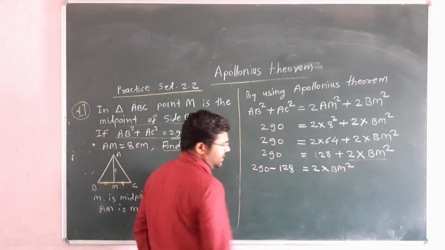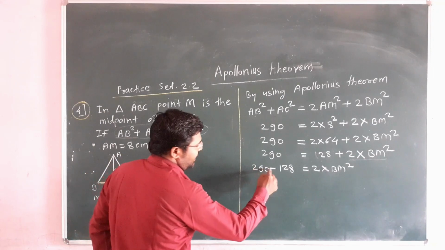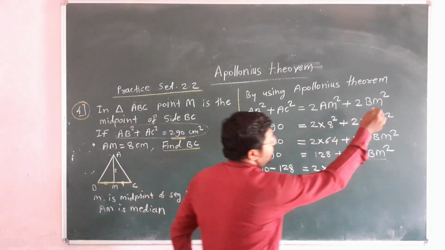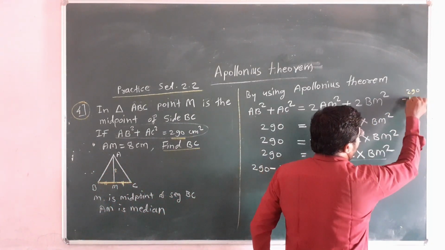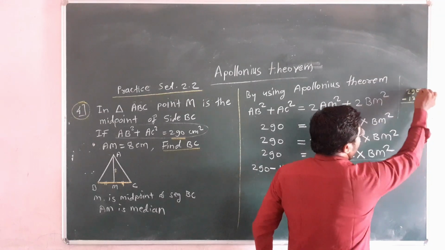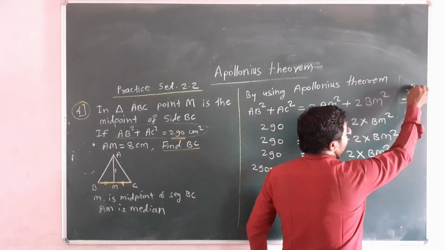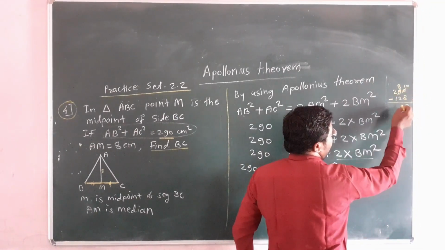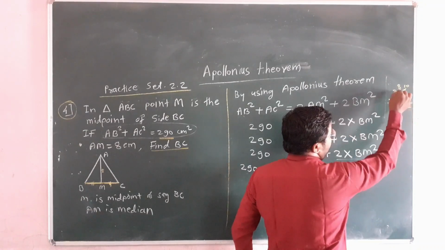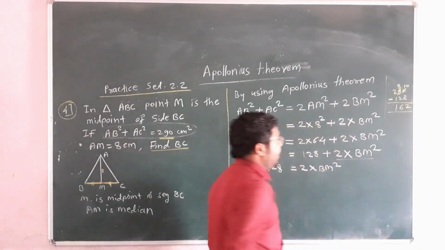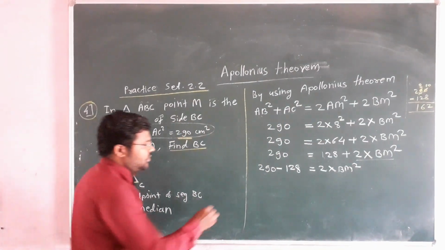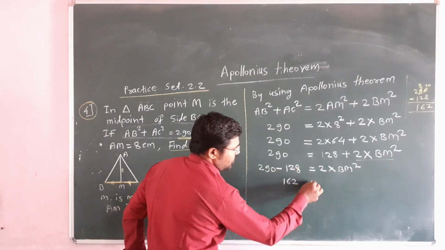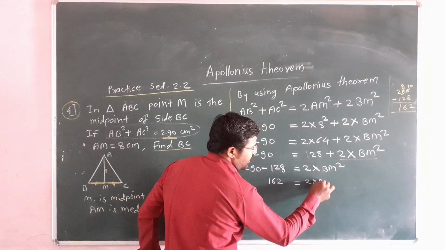Okay, now 290 minus 128. 0 minus 8 cannot be done, so write here 8 and 1 will be borrowed. 10 minus 8 is 2. 8 minus 2 is 6. 2 minus 1 is 1. So the answer is 162. So 290 minus 128 is equal to 162, which is equal to 2 into BM square.